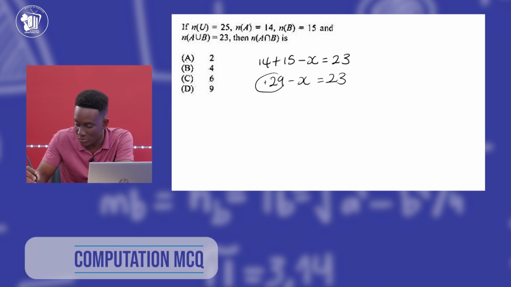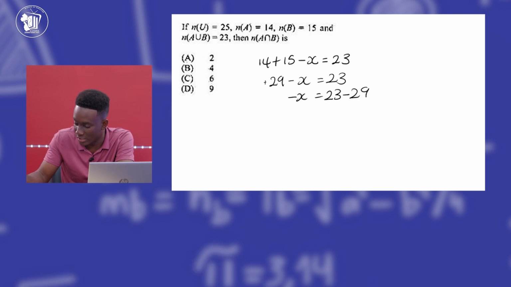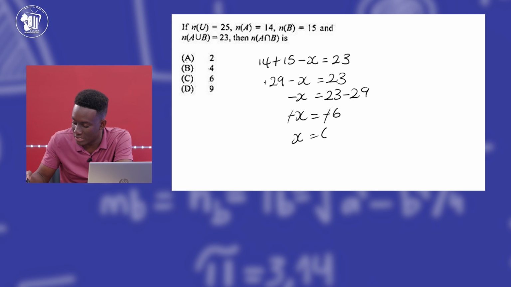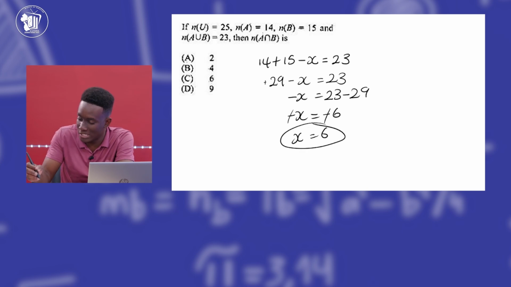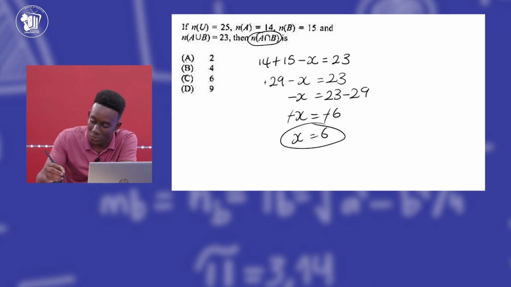We know 29 is added in, so when we take it over, we'll subtract. So minus x is equal to 23 subtract 29, which gives negative 6. The negative will cancel out with that negative, so x is equal to 6. So x represents the number of elements in the intersection of A and B. In this case, the answer is C.